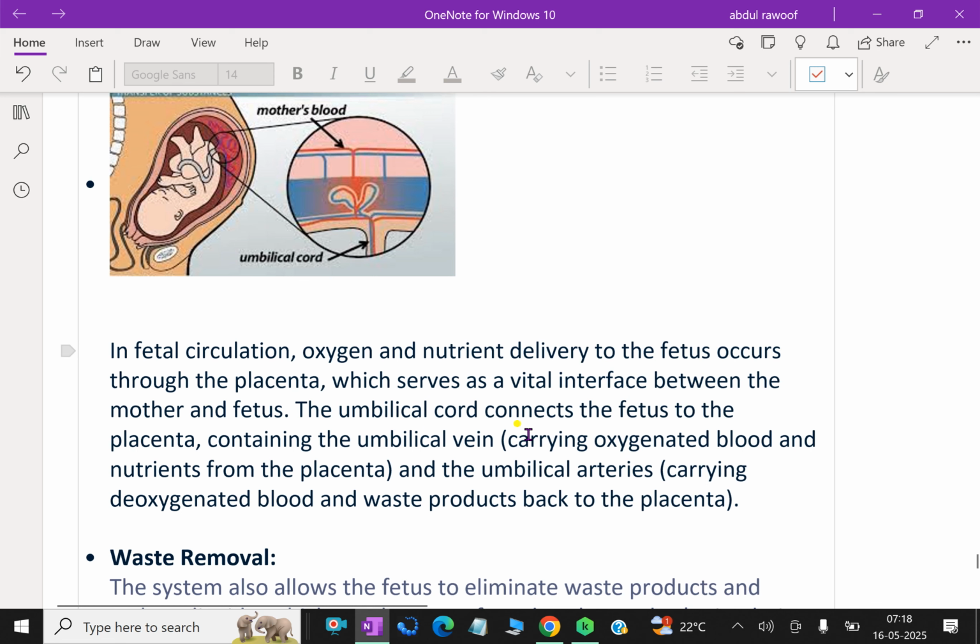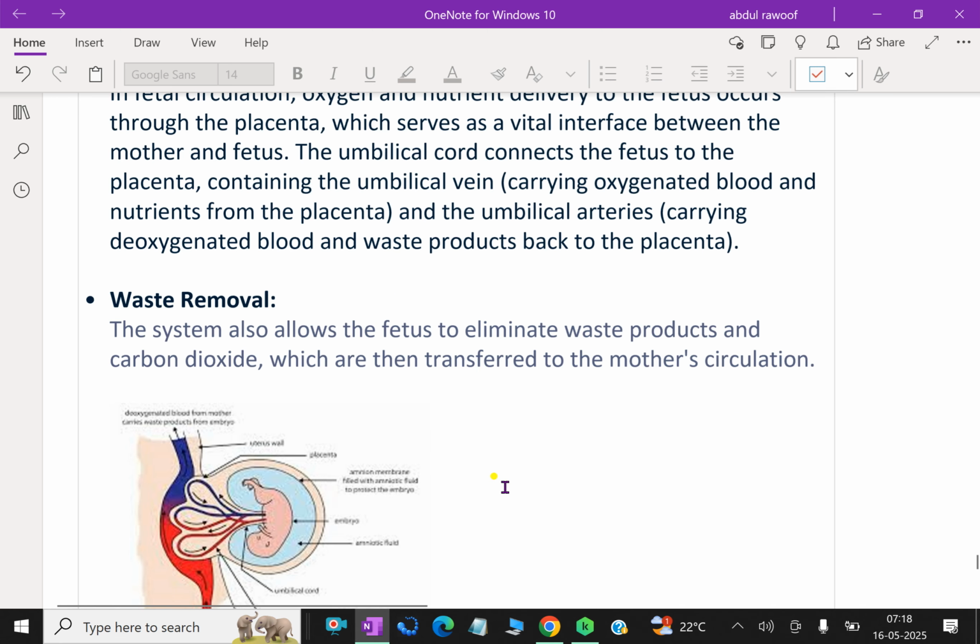The umbilical cord connects the fetus to the placenta, containing the umbilical vein carrying oxygenated blood and nutrients from the placenta, and the umbilical arteries carrying deoxygenated blood and waste products back to the placenta.